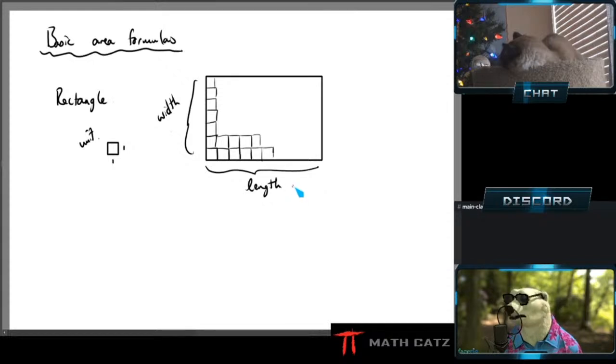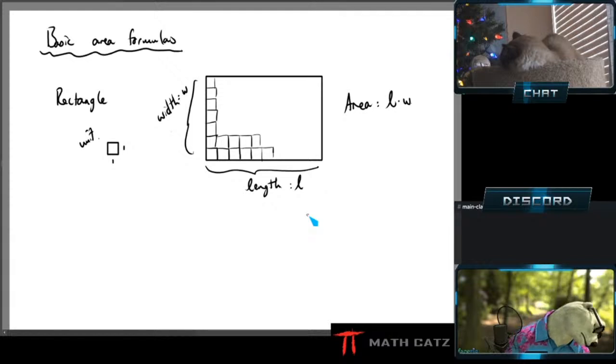So let's call this L, and let's call this W. Why not? If I know the length of this rectangle and the width, then by the basic concept of area, the area of this rectangle will be the number of unit squares that can fit, and that will be exactly the length times the width.